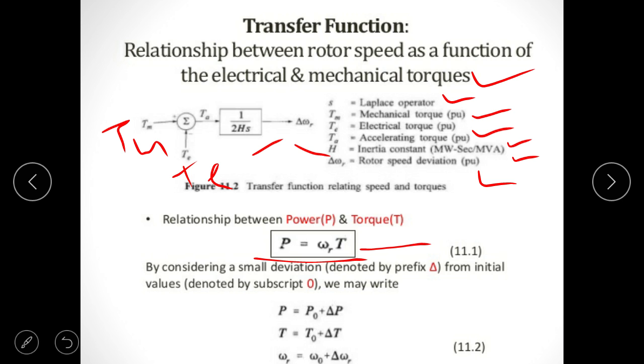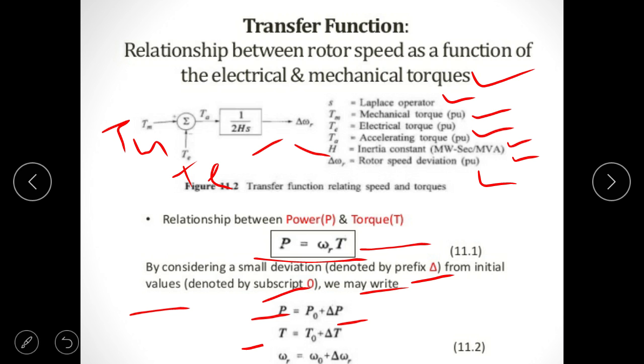By considering a small deviation, denoted by delta, from the initial value described by subscript 0, we may write P equals P0 plus delta P. Delta P is the change in input power, P0 is the initial input.